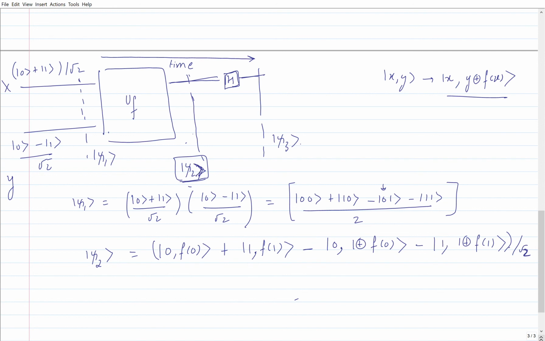Let's look at psi2 more closely. Now let's take the first case. The first case is if I have a constant function. It's either 0 on both the values or it's 1 on both the values, doesn't matter. So notice, what does this evaluate to?